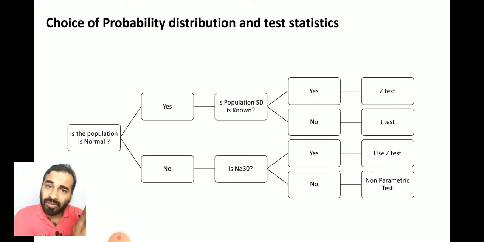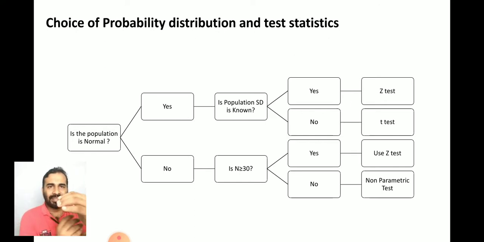If your answer is yes, then there is one more question, whether the population standard deviation is known or unknown. If it is known, you can go to the z test. If it is no, then you can go for the t test.